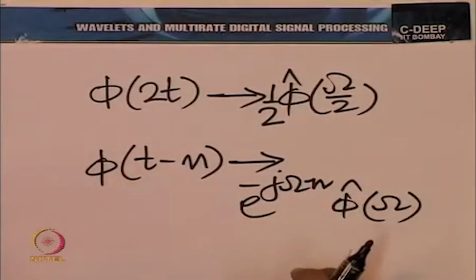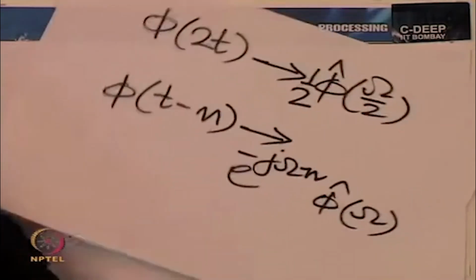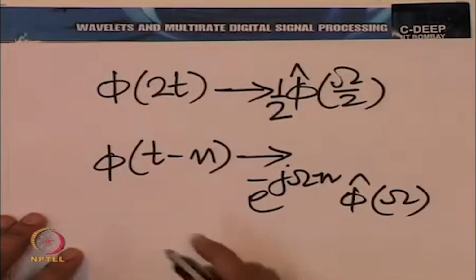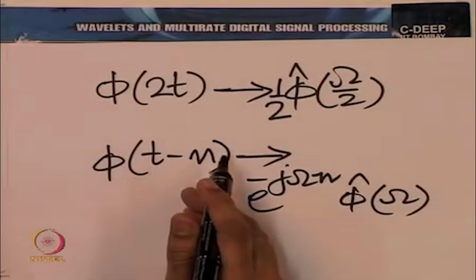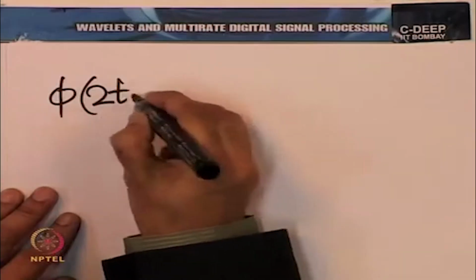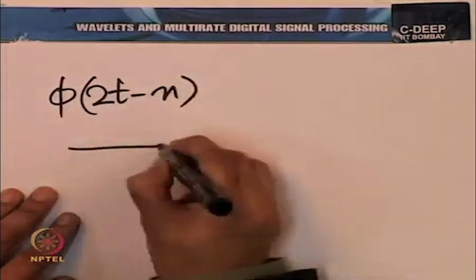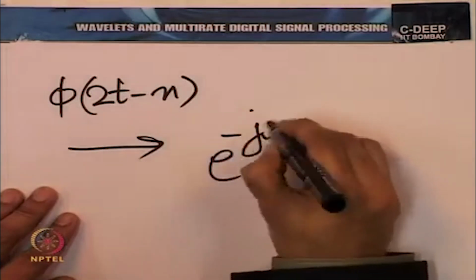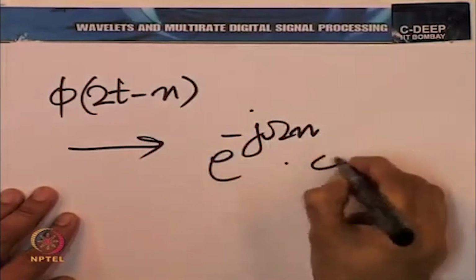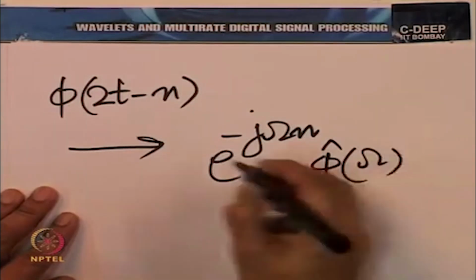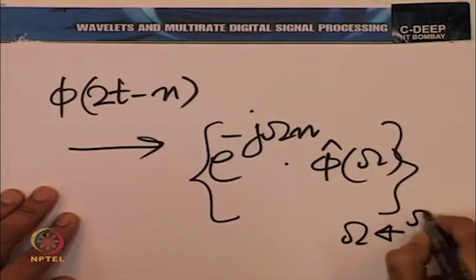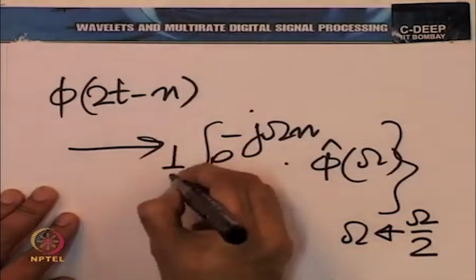And when we consider phi of 2 t minus n in general, here we are going to replace t by 2 t, replace omega by omega by 2 and then multiply by half.